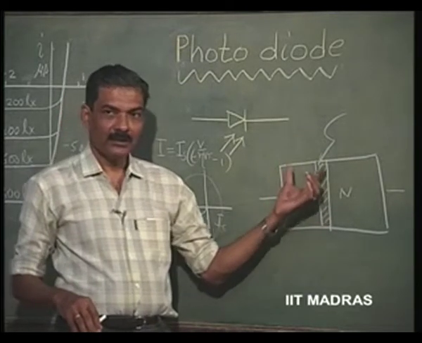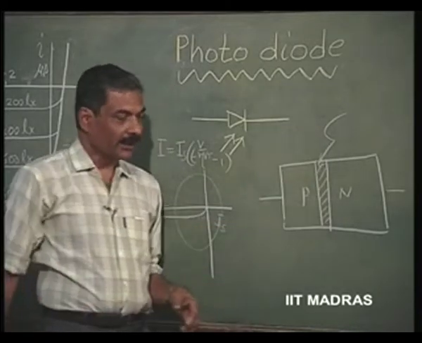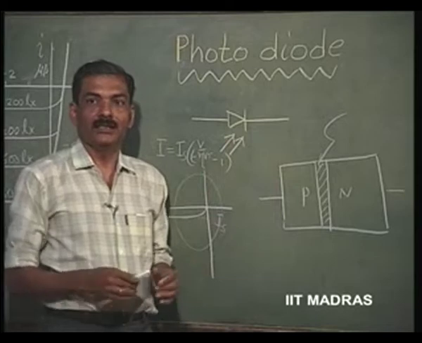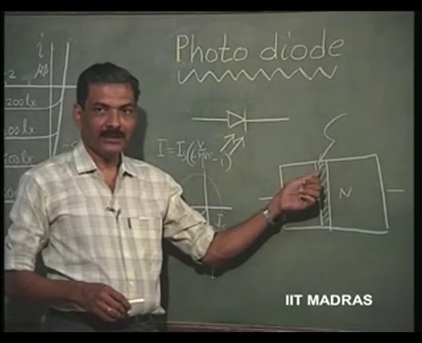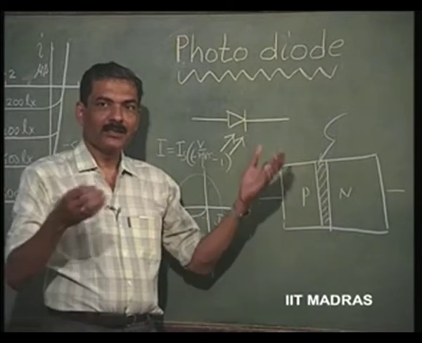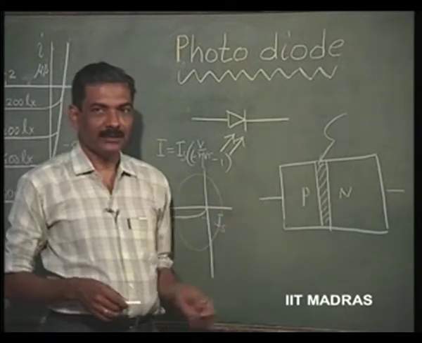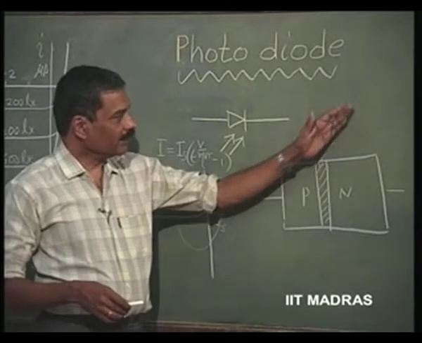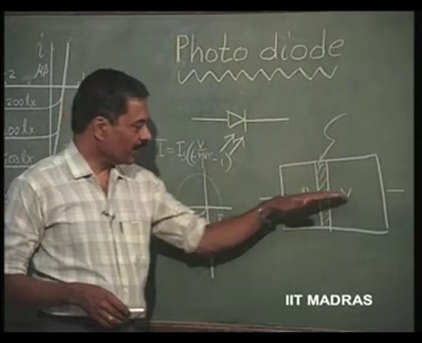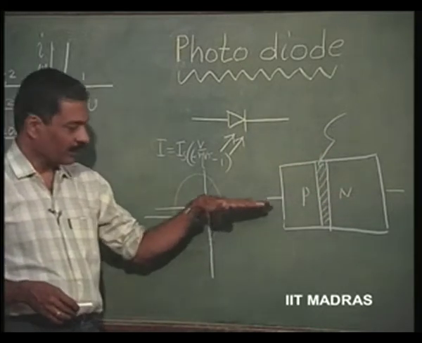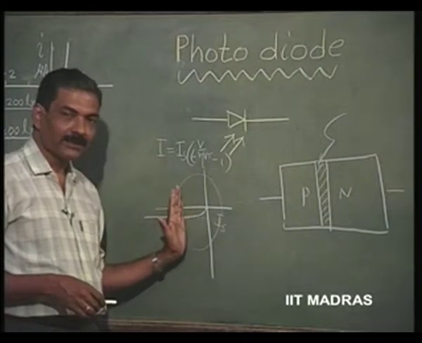Is it clear? Now, if light falls on this junction, that will create further carriers. This will give enough energy here to break bonds and create free carriers. So, the carriers here will increase. This energy is a source for creating more carriers. That means more reverse saturation current can be sustained for the same reverse voltage.